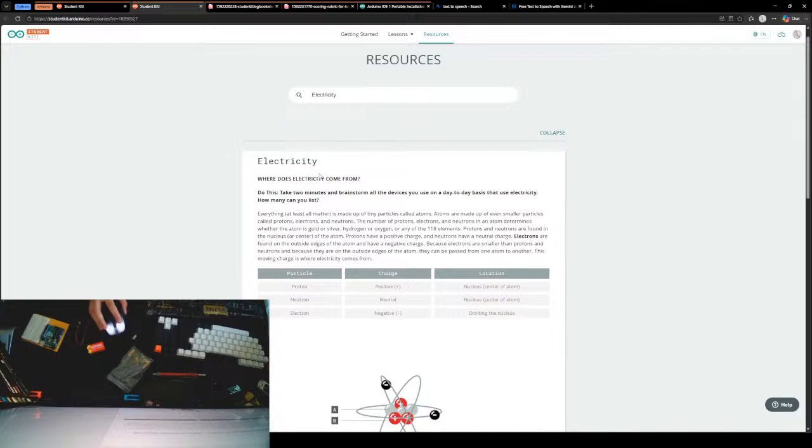Where does electricity come from? Do this. Take 2 minutes and brainstorm all the devices you use on a day-to-day basis that use electricity. How many can you list? Is that in the workbook? Let's see.